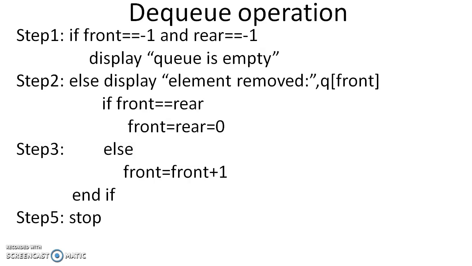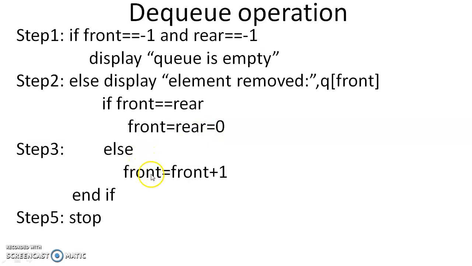If the ticket has been given to that person, no one will be present in the queue. That means front equal to rear equal to minus 1 we will get. Sorry, here it is minus. If the front is equivalent to rear, that means only one person is present in the queue. At that point, front equal to rear equal to minus 1. This is not 0, it is minus 1.